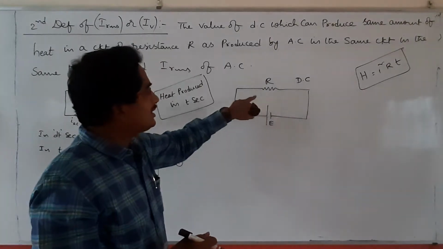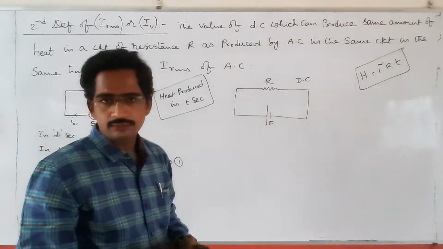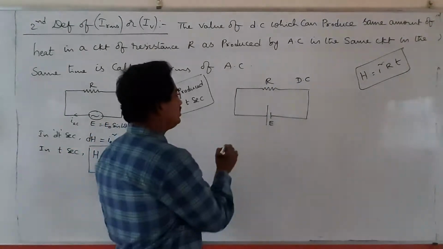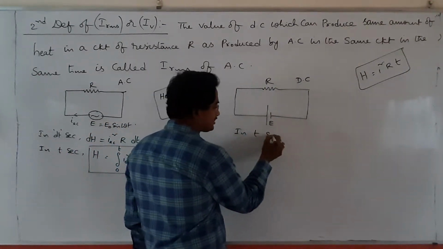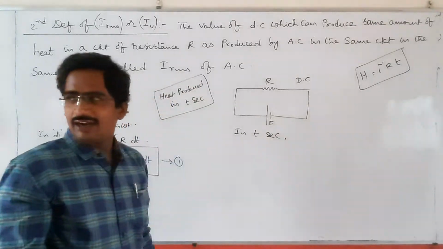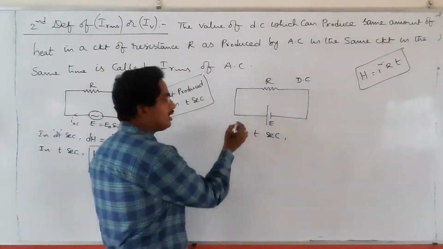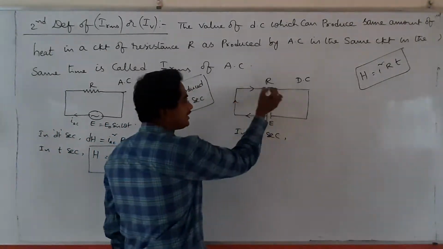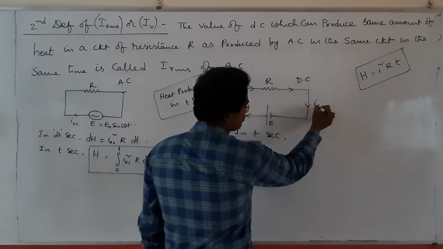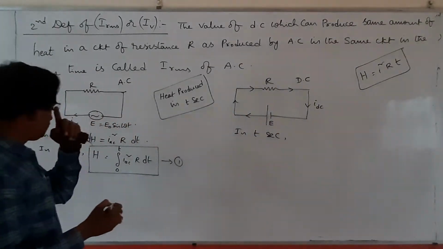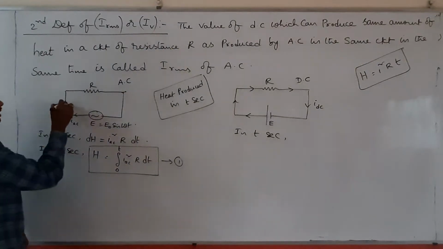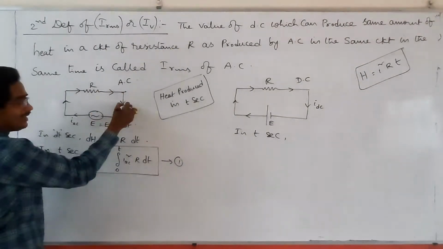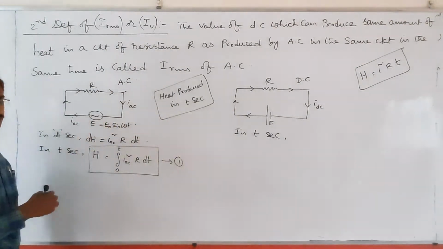But in the case of DC, what will be the heat produced in T seconds? The current flowing in this circuit is constant, that is IDC, whereas here the current flowing is IAC, a variable current.